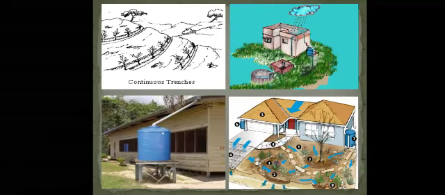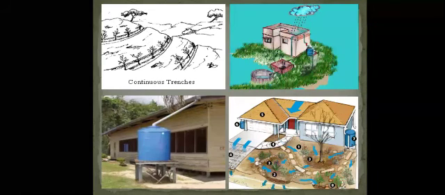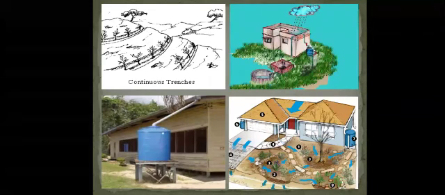Taking steps to ensure that rainwater will be available even in the period after the rainy season is called water management. So whatever method we use to store the water after the rainy season, all these methods are known as water management.